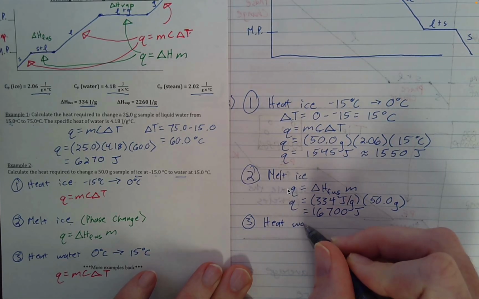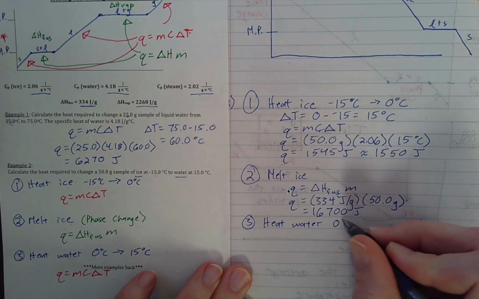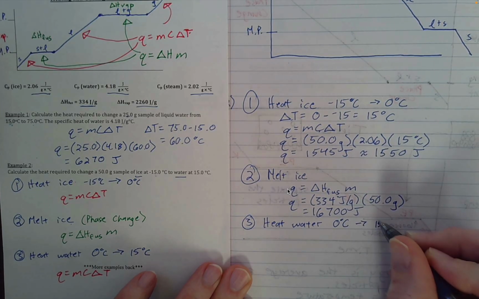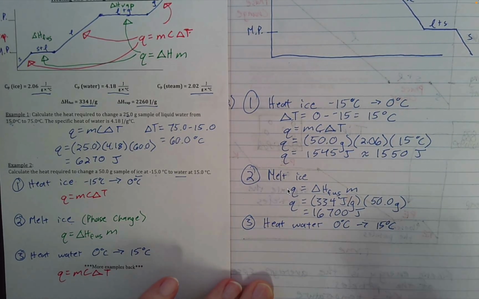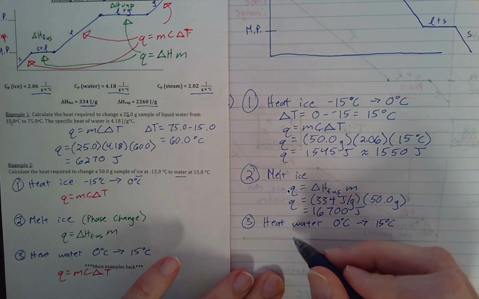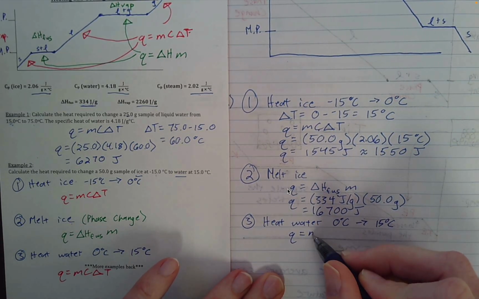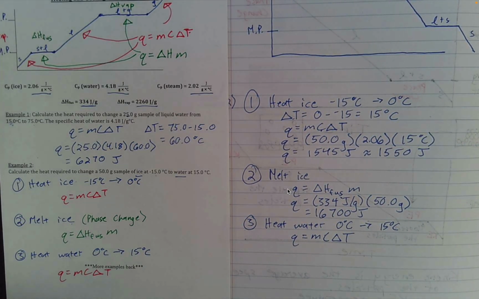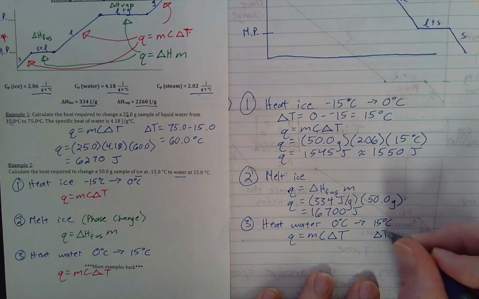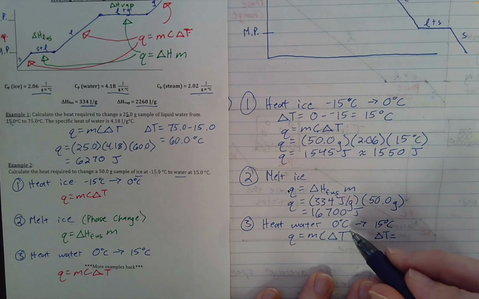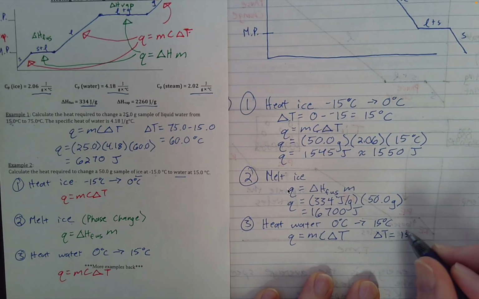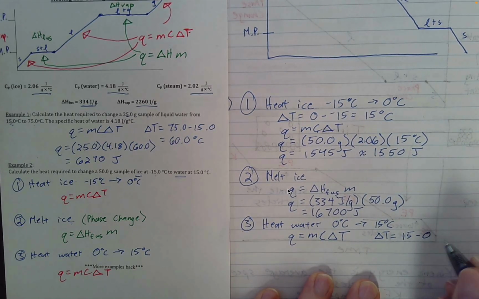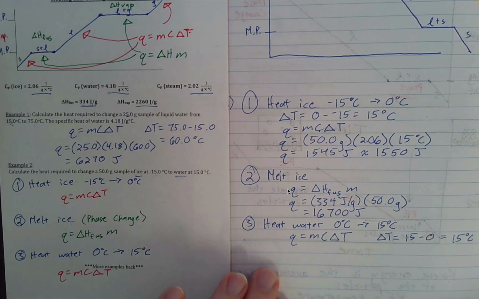We're going to heat water from 0 degrees Celsius to 15 degrees Celsius. All right. And so this is Q equals mcΔT, like we said. Now the change in temperature is going to be our final temperature, which is 15, subtracted by our initial temperature, which was 0. So that's 15, right? Making sense.